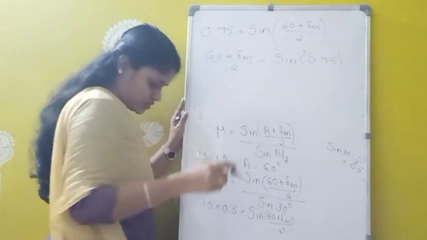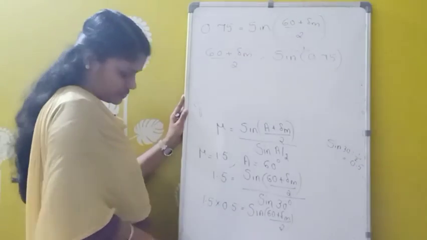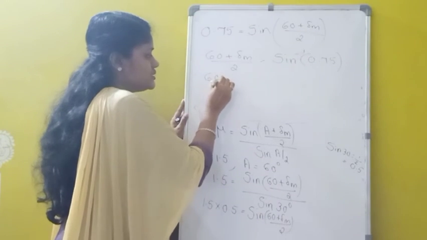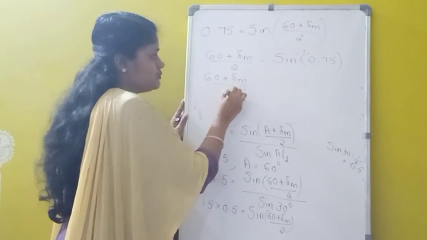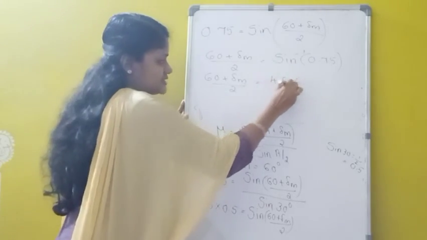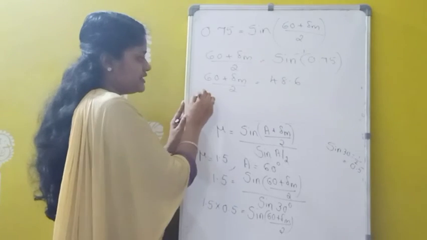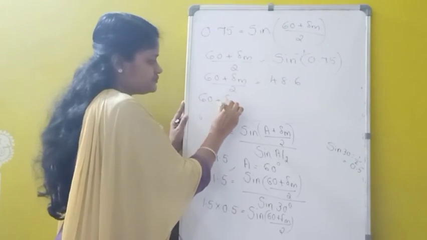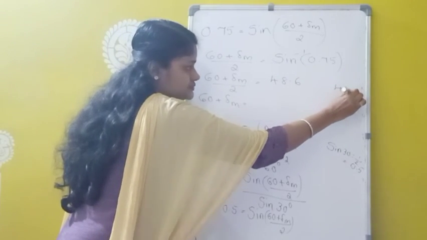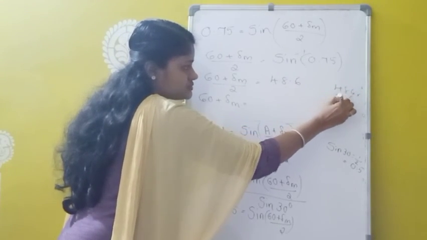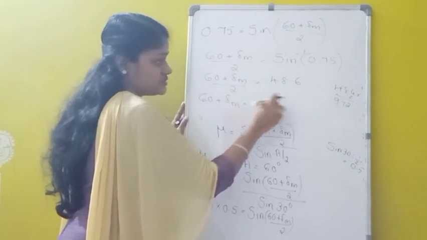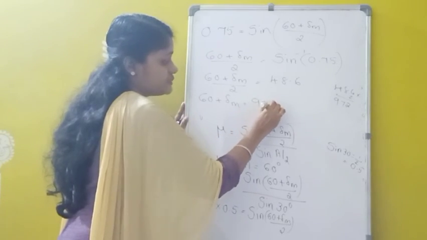But this sine inverse is already given in the question itself. Sine inverse 0.75 is 48.6. So I can substitute here: (60 plus delta m) by 2 equals 48.6. Now cross multiplying, you will get 60 plus delta m equals 48.6 into 2, which is 97.2.